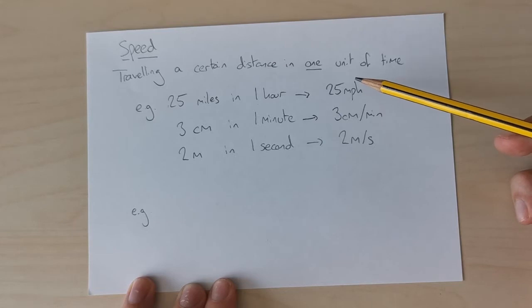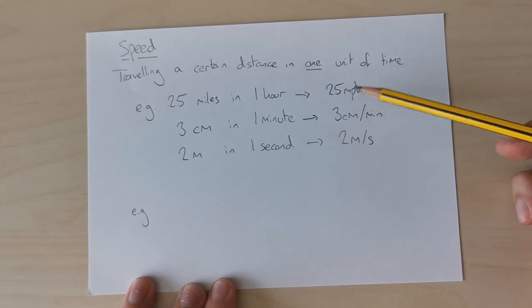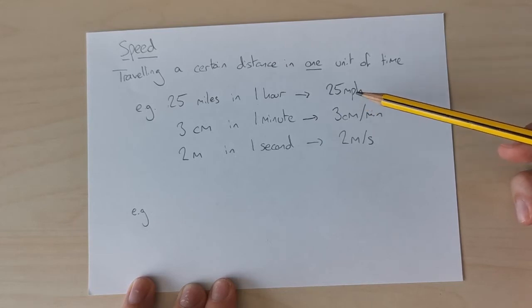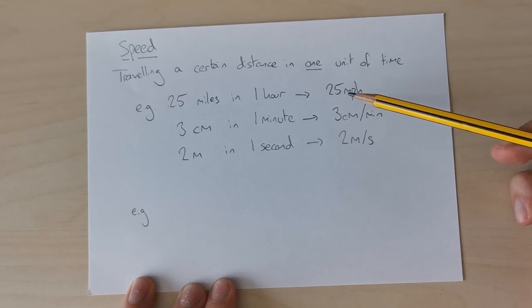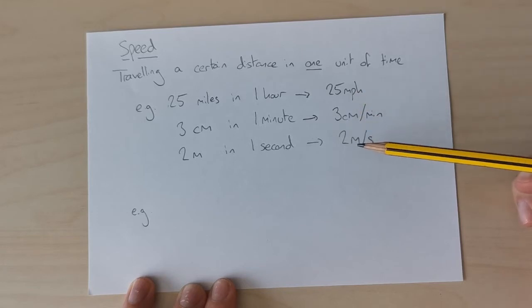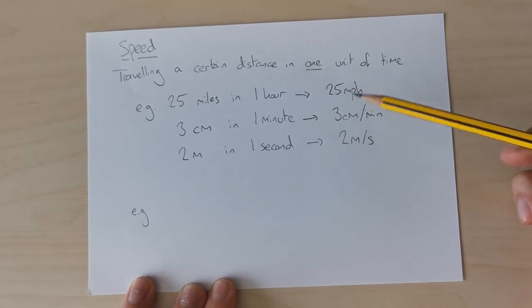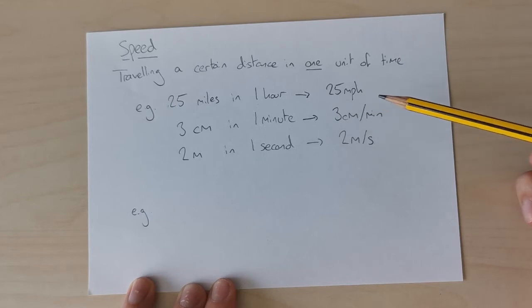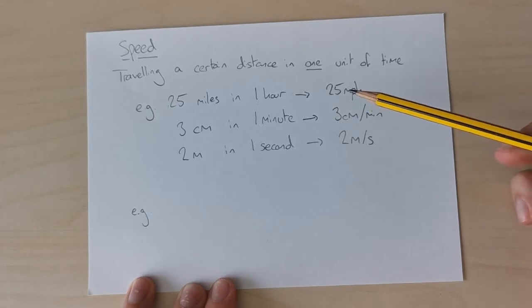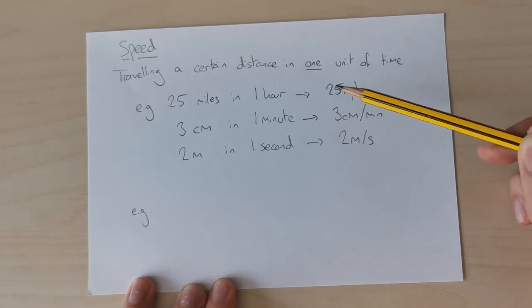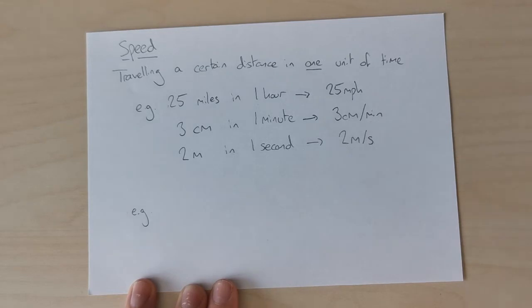You wouldn't be marked down if you use a slash in this case. We tend to use p instead of a slash because this m would be seen as representing miles rather than metres. So if you saw m/h, it would usually represent metres per hour, whereas a lowercase p after a letter m usually means that we're looking at miles. So in this case, miles per hour.